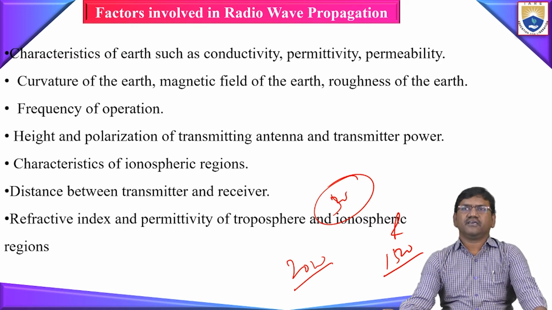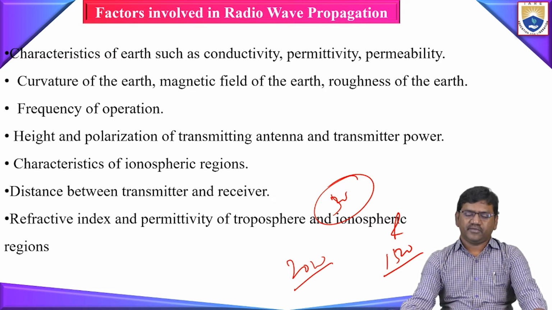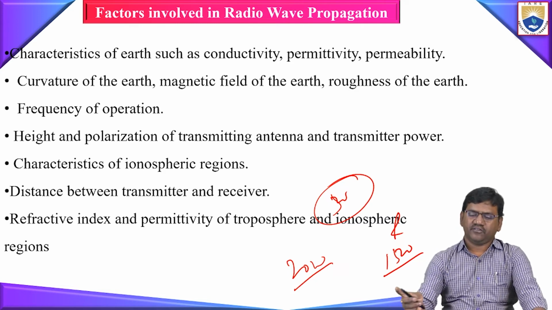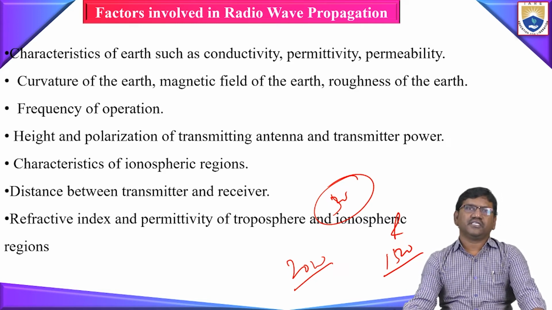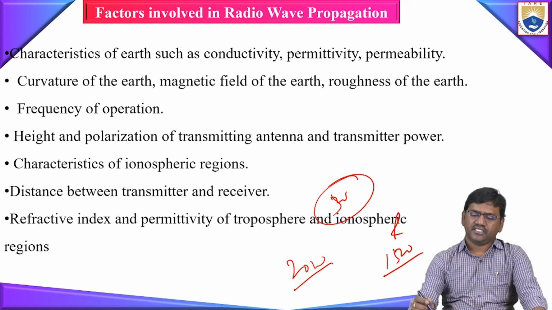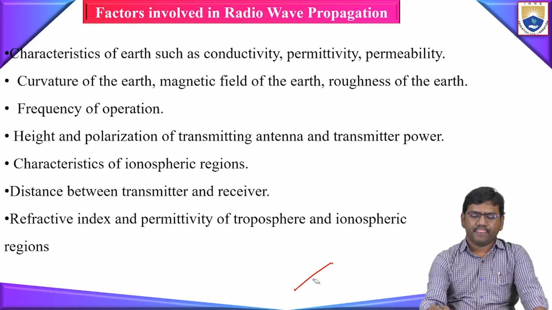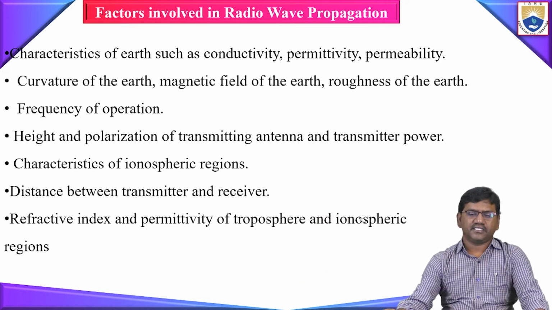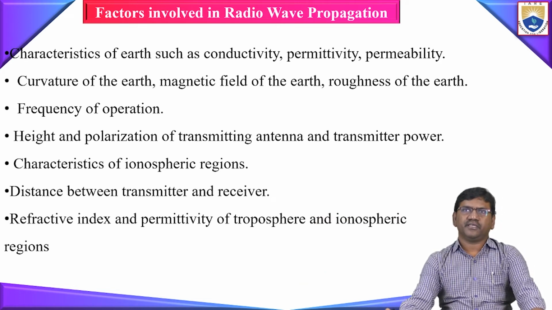Why is there a loss of energy of 5 watts between the transmitting and receiving antenna? There are some factors involved in radio wave propagation which reduce the signal strength between the transmitting antenna and the receiving antenna. The first one is the characteristics such as conductivity, permittivity, and permeability.